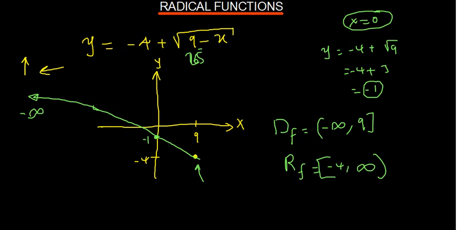Yes, sir. What if where there is negative 4, there was negative 4x? There was negative 4x. Yes. So that will no longer be just a radical function, but it will be another function.